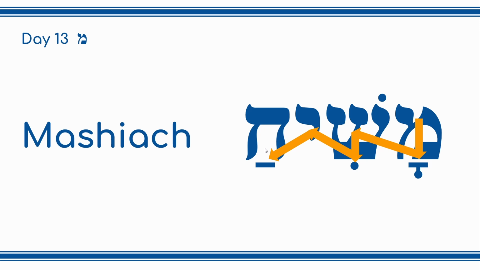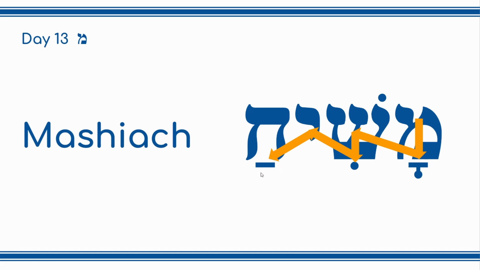You haven't learned that letter yet, but that's okay. It's very common with the letter chet, and when these two are combined, you actually have to start with the vowel first and then go to the consonant. And so this is called a furtive patach.